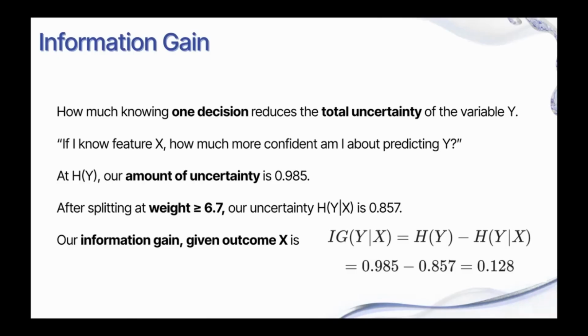So, any questions? Any uncertainties? Yeah. Just why specifically the formula P of X times log 2 of P of X? Why not another formula? The log accounts for the fact that when your probability is 1, your uncertainty is 0.